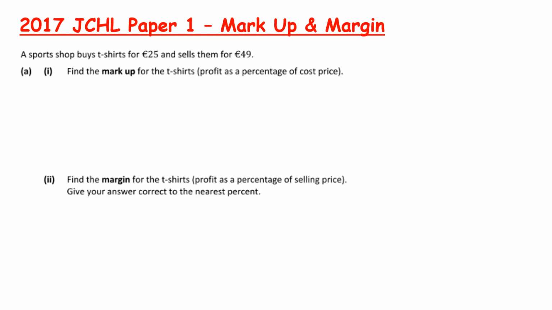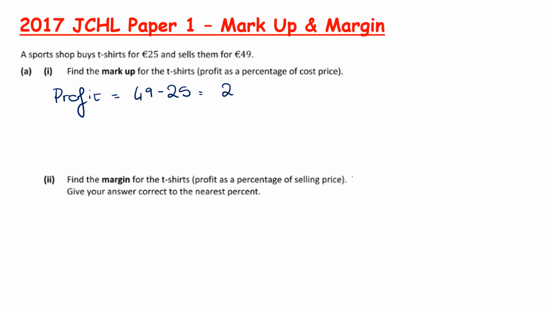Let's look at how this kind of question will come up for a higher level. So this is the 2017 Junior Cert Higher Level, paper 1. A sports shop buys t-shirts for 25 and sells them for 49. Find the markup, so profit as a percentage of cost price. So we have the cost price, we have the selling price, so we need to find the profit. So the profit is going to be the selling price, take away the cost price.